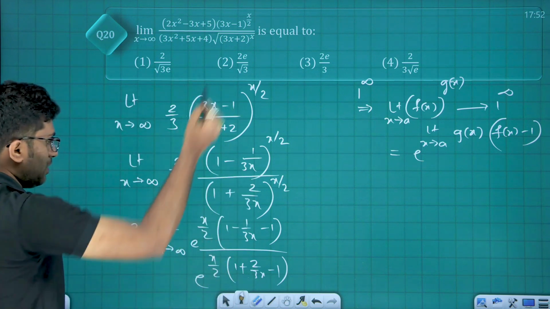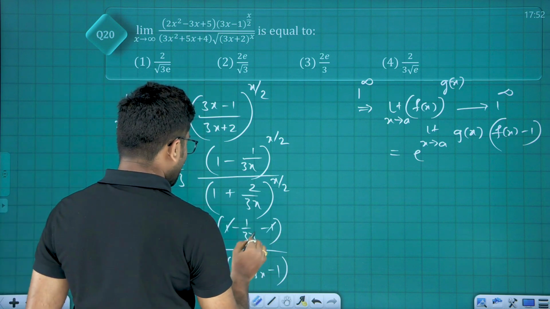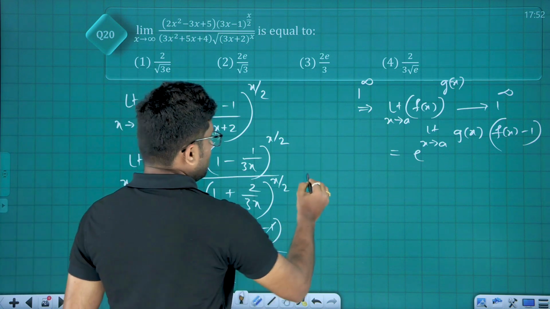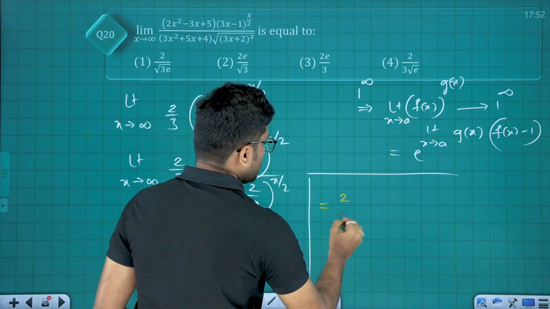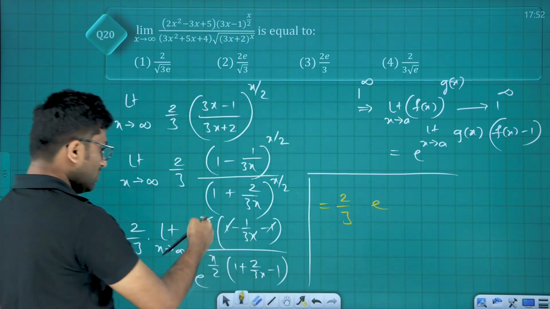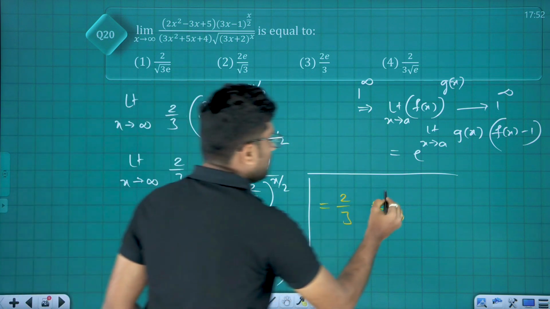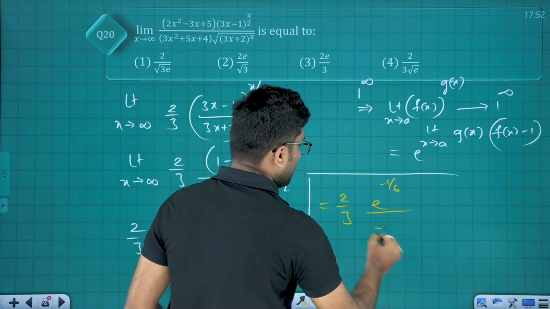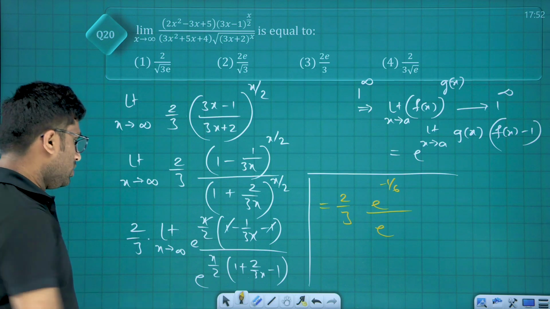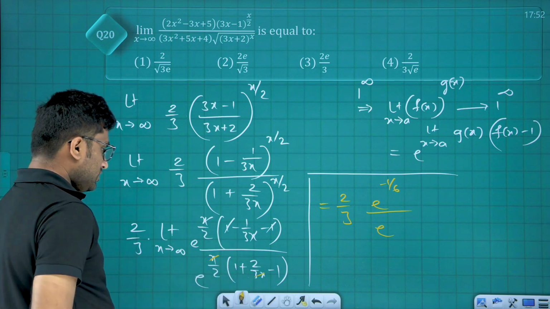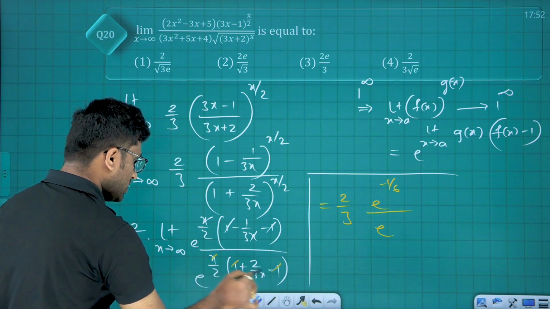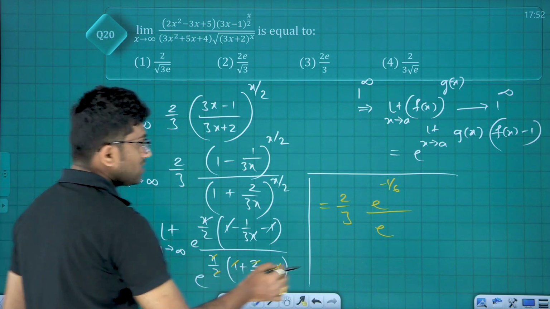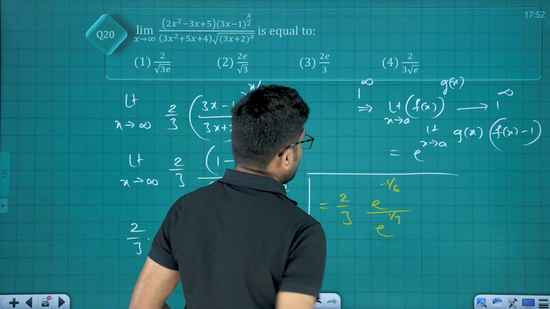This is also e powers. So 1 gets cancelled, x x gets cancelled. So finally this is equal to 2 by 3 times e power minus 1 by 3 into e power minus 1 by 6 divided by e power, x x gets cancelled. First minus 1 cancels, then x x cancels, 2 also cancels, e power 1 by 3.